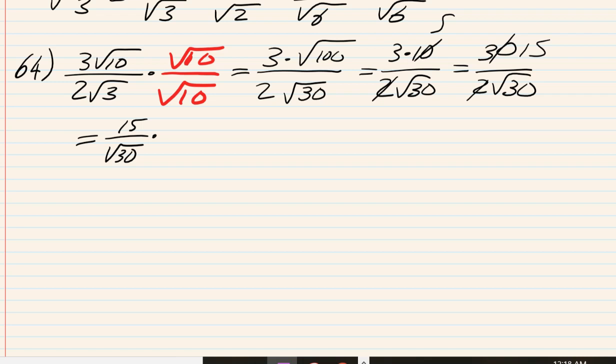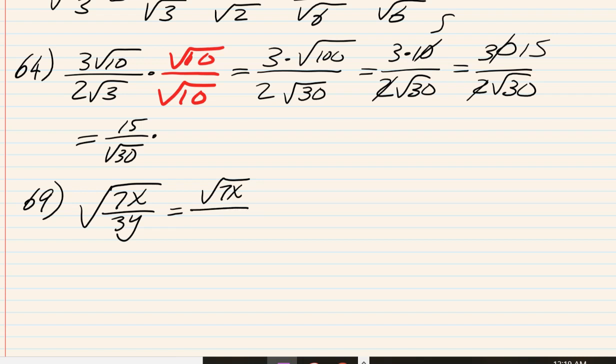Now for something like, for example, number 69, just to do one last one here, I have root 7x over 3y. Okay, now first we're going to break it off. And then we're going to multiply by, what are we going to multiply by?